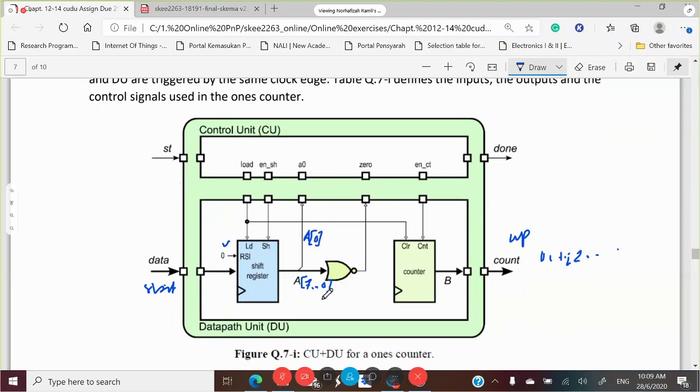So what happens is that this one is the A0. The way it's shifting is that if you start with number 1101, 1110, this number will be going out. As this number goes out, number 0 comes in. So obviously after 8 times shifting, the 0 here will occupy the whole thing.